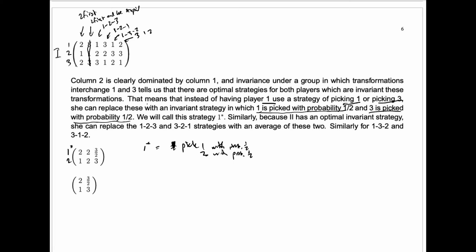Similarly, because player 2 will have an optimal strategy which is invariant under switching around 1 and 3, we can see that the 1 first, then 2, then 3, and the 3, then 2, then 1, can be replaced by a strategy, which says make a choice of the first thing to pick, which is half the time 1, half the time 3, and pick 2 second, and pick the other one, 1 or 3, third.